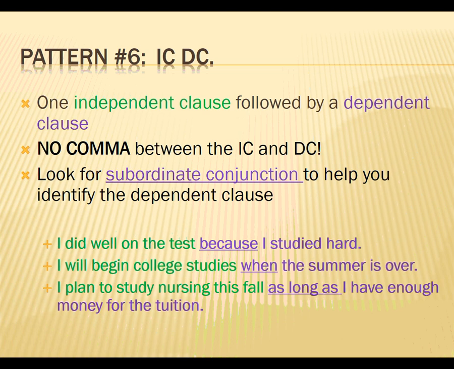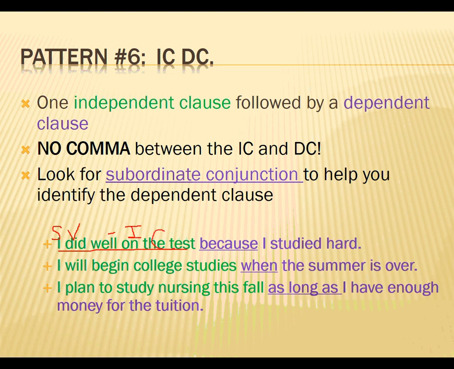Let's look at some examples of these complex sentences. I did well on the test because I studied hard. In the first clause, I is the subject, did is the verb. On the test is a phrase that finishes the complete thought. This clause expresses a complete idea, so it is an independent clause.